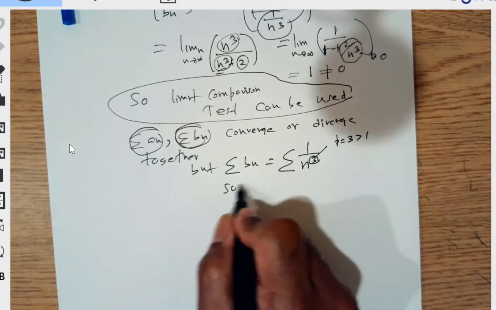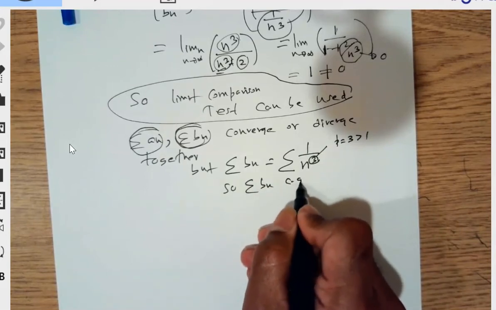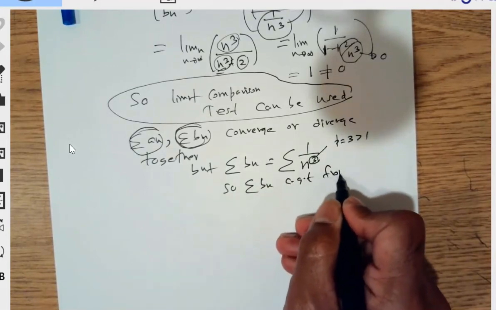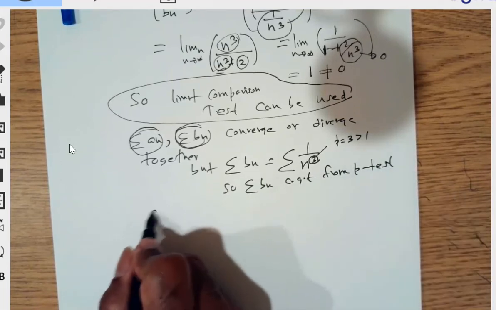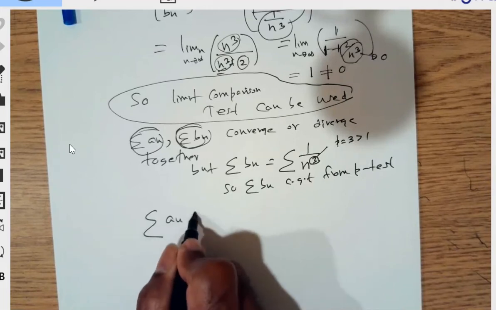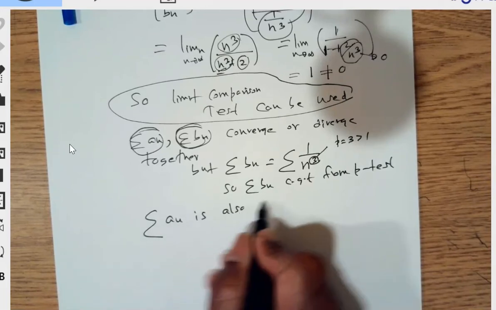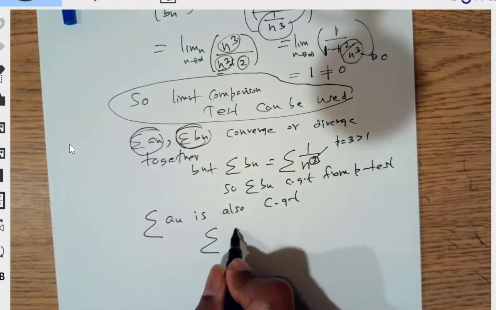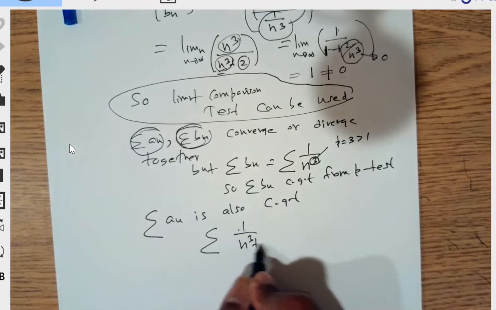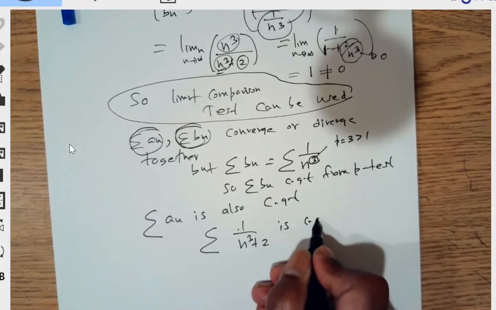So sigma bn is convergent from the p test, which means that sigma an is also convergent. So sigma 1 over n cube plus 2 is convergent.